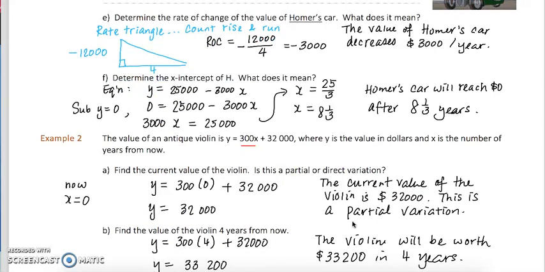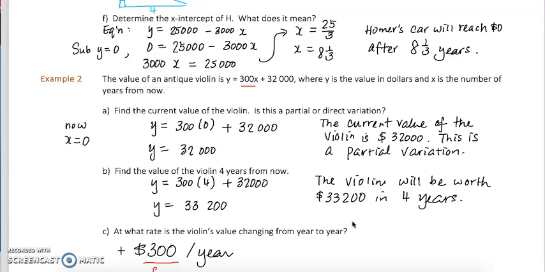Example 2. The value of an antique violin is y equals 300x plus 32,000, where y is the value in dollars and x is the number of years from now. So in part A, if I'm looking for the current value of the violin, I need to know what year we're talking about.